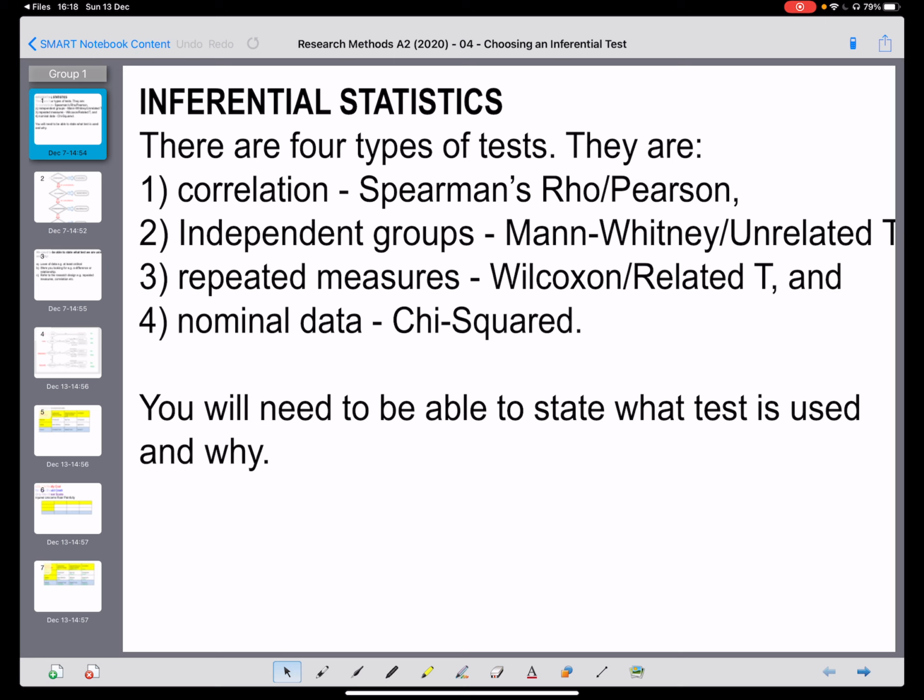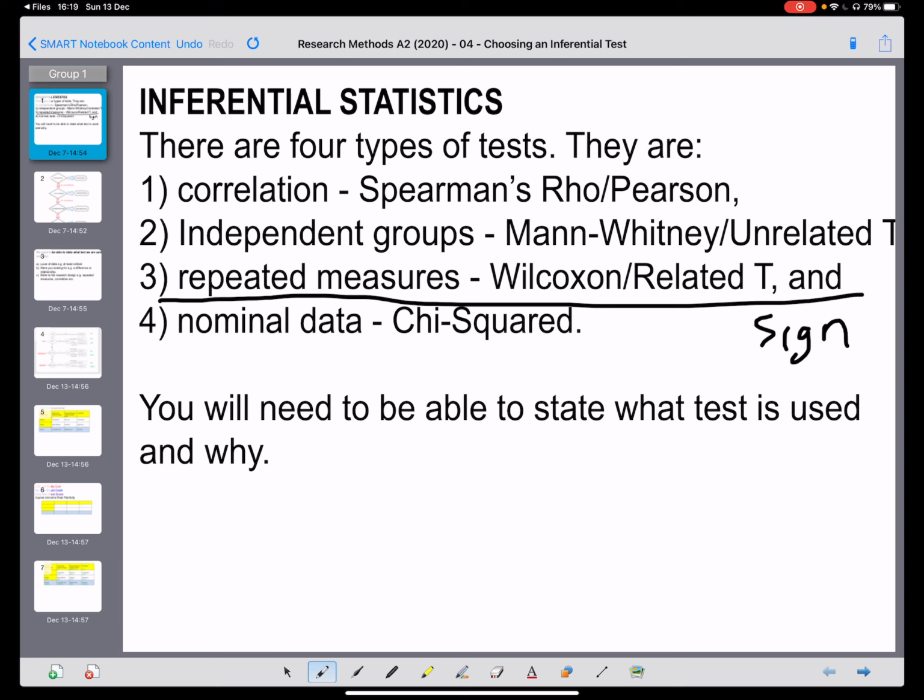What I haven't done on the repeated measures one is add the sign test, but of course you could do that. So technically there's 8 tests, but these are the tests that you will need to do in year 13, and specifically tests in which you will not be expected to work out the calculated value. The calculated value will be given to you.